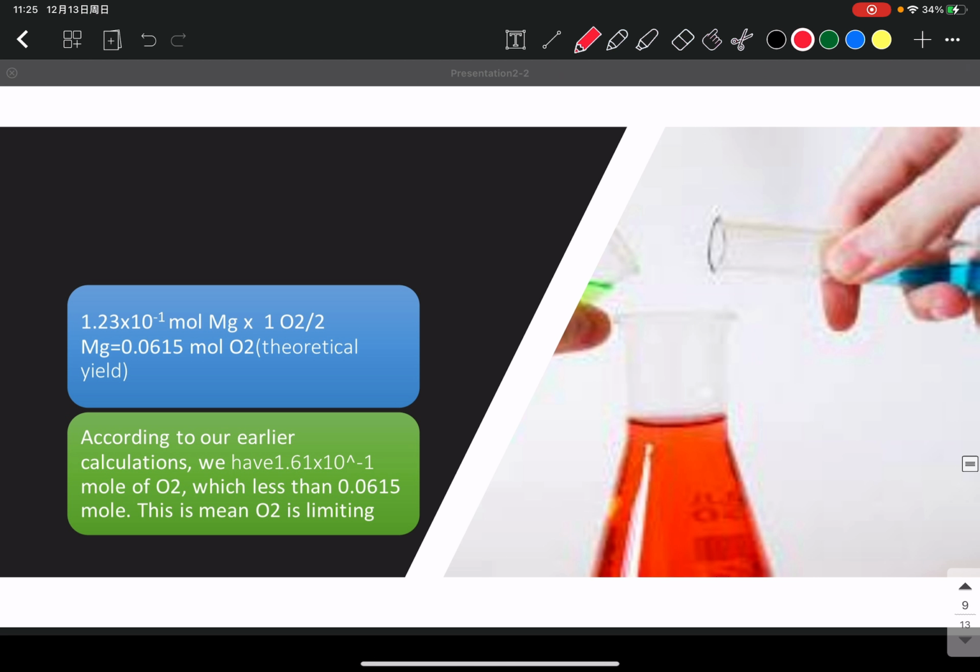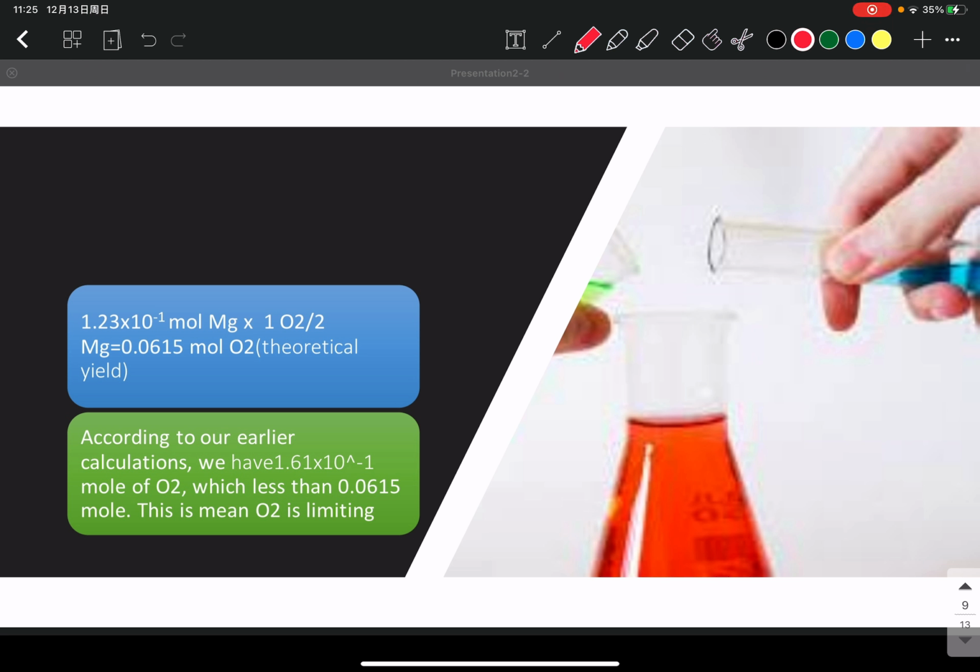Then in step 2, we find the limiting reactant. Now we know the quantity of magnesium and oxygen in moles. We can determine which reactant is limiting. So here is the calculation, which is 1.23 times 10 to the negative power magnesium times the ratio of oxygen and magnesium.